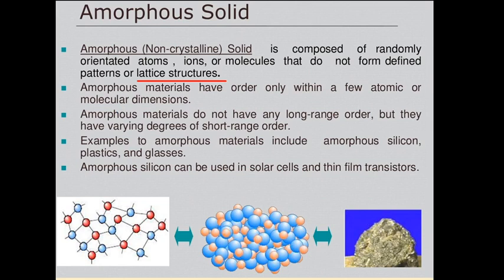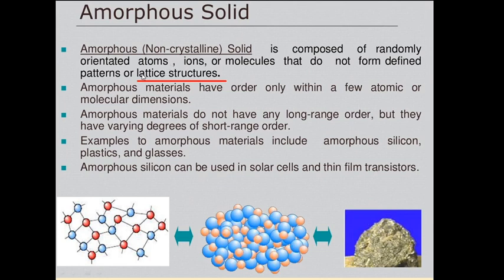As I said just a second before, an amorphous solid is composed of randomly oriented atoms, ions or molecules that do not form definite patterns in the lattice structure.